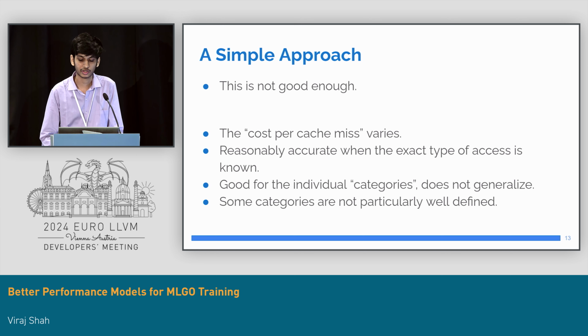But this found cost per cache miss doesn't really generalize to any other access patterns, or it's quite situational, which opens up the possibility of first classifying a memory access into one of these categories and then using a found cost per cache miss value to estimate performance. But then that's a whole other can of worms, with classifying memory accesses not being straightforward, and there being questions of how many categories there are, what they are, and how we might differentiate between them.